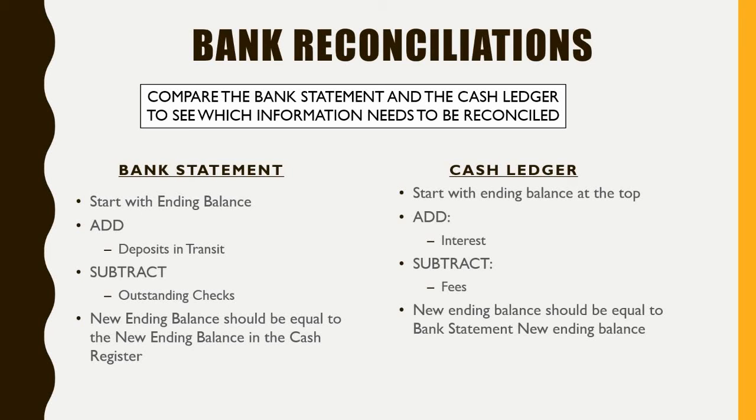So let's focus on the bank side here, okay? On the bank side's end, what do we know that the bank doesn't know? So in this case, we're going to start off with our ending balance that's on the bank statement, okay?